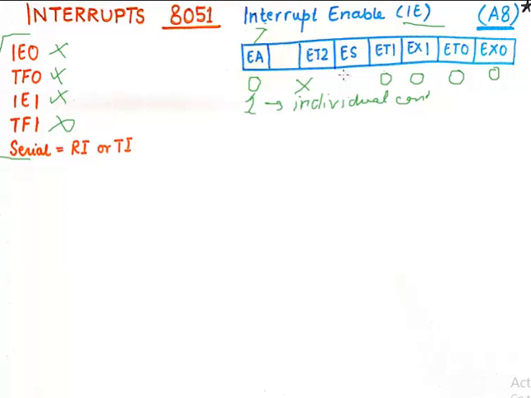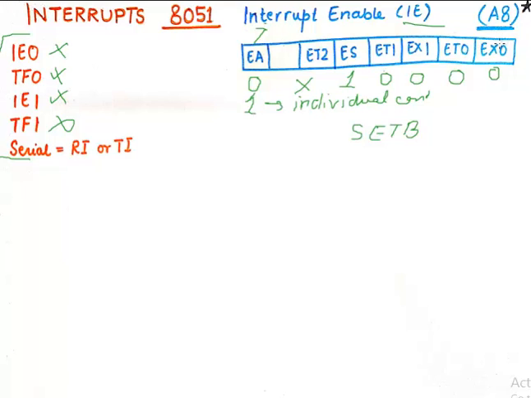So if we wish to do serial communication only and we do not wish to be interrupted by anything else, we'll make all these things as zeros and we'll keep this as 1. And how do we make these as 0 and this as 1? As I mentioned earlier, this register is a bit addressable register, so the command is SETB and then the addresses of the bits.